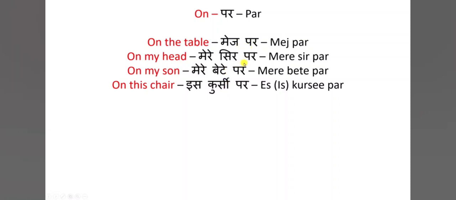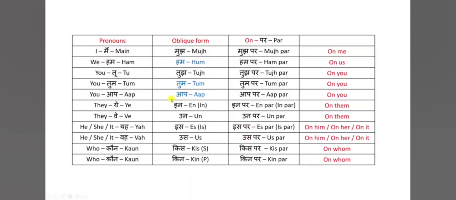Okay. Now, this is with nouns. Notice that we do not add the words. Okay. Now, with pronouns. Pronouns, oblique forms with on. Okay. मुझ and पर becomes मुझ पर. And this is on me.